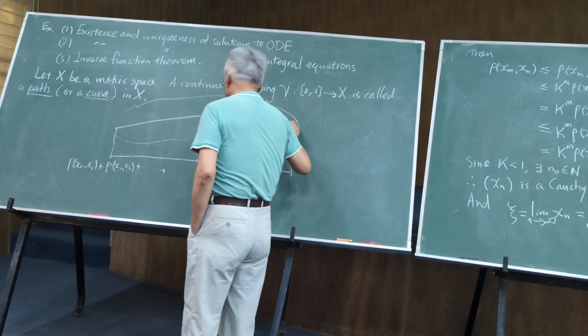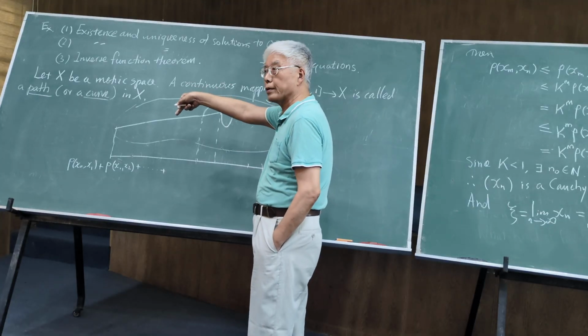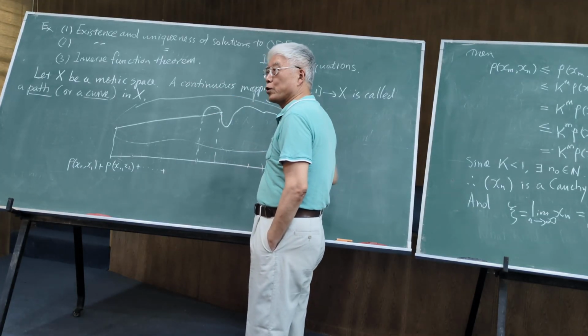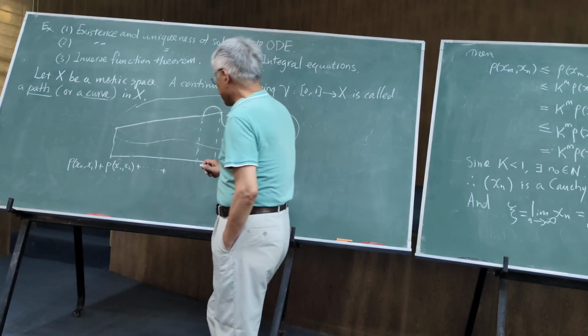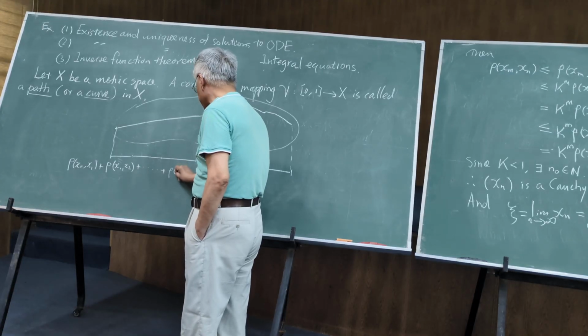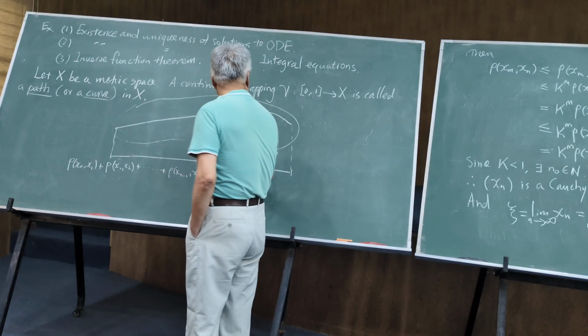And here, if the division points are altogether n of them, starting with the left end as 0 and the right end as n, if you include both, then it is n plus 1 points. Then we're looking at rho of x_{n-1}, x_n, where this is this point.